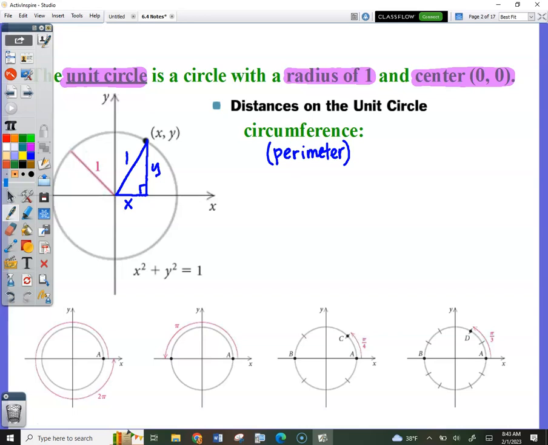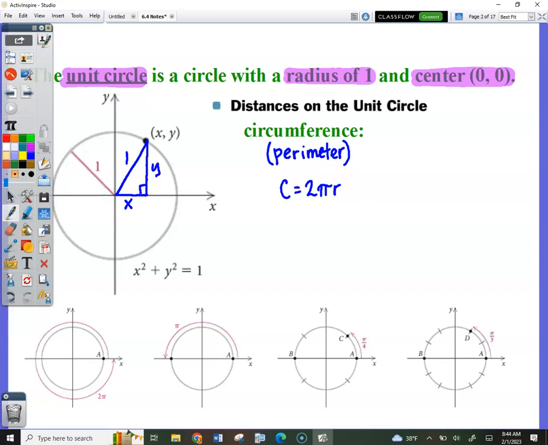Close. So it's C equals 2 pi r. C equals 2 pi r. R stands for radius. That's the good old-fashioned formula of circumference from, I don't know what point y'all first learned it, maybe middle school. Okay, what is the length of our radius in our unit circle, though?